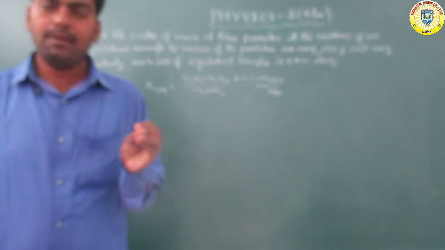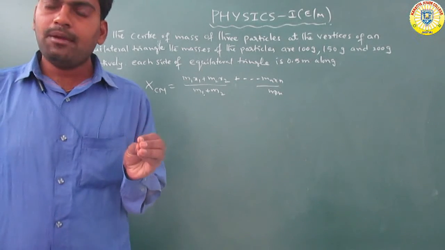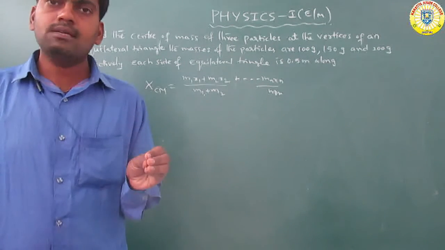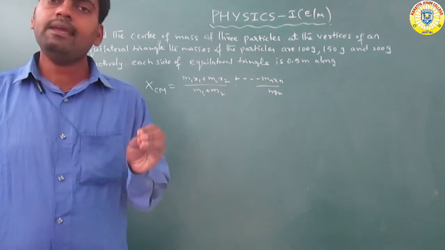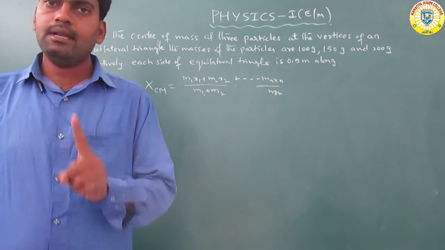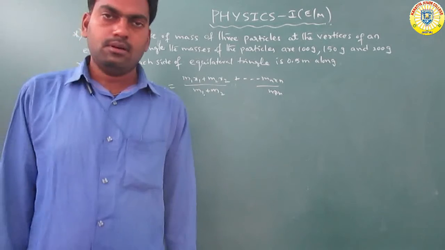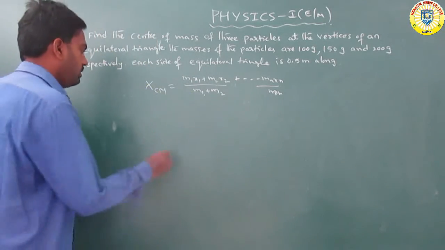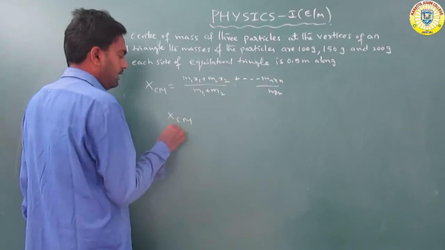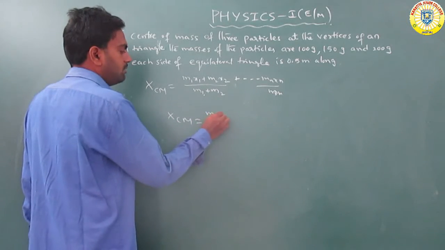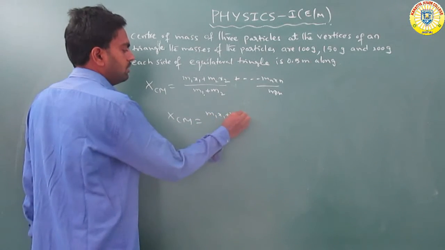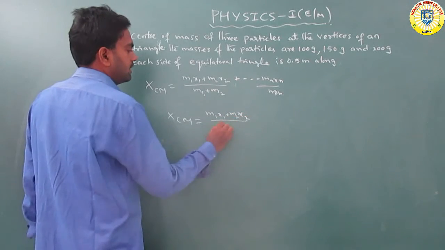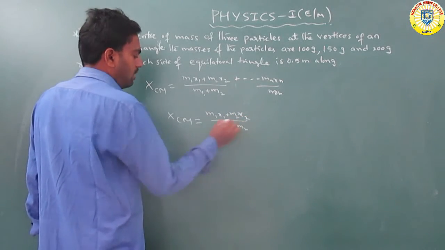Now consider the two-dimensional system. In a two-dimensional system, the center of mass consists of particles lying on the x and y axes. So xcm is equal to m1 x1 plus m2 x2 by m1 plus m2.